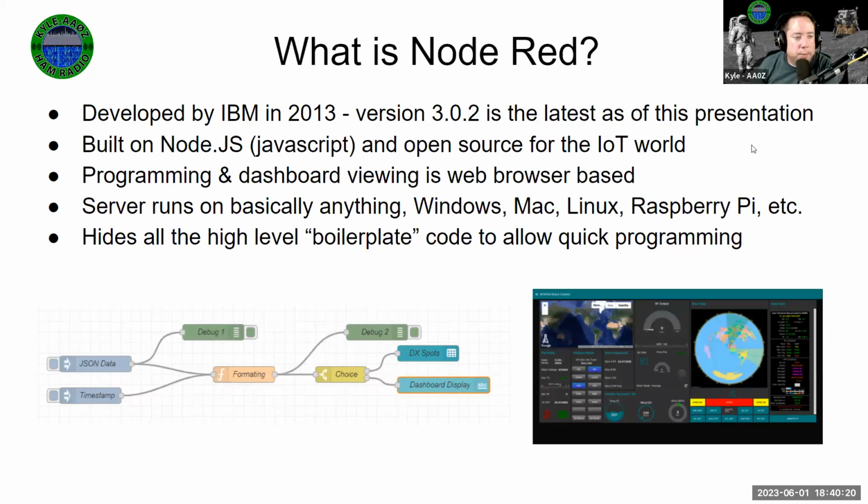It was developed by IBM in 2013. 3.0.2 is the latest version. It's built on Node.js, which is basically JavaScript, and NodeRed was created back in 2013 to basically connect Internet of Things devices together.